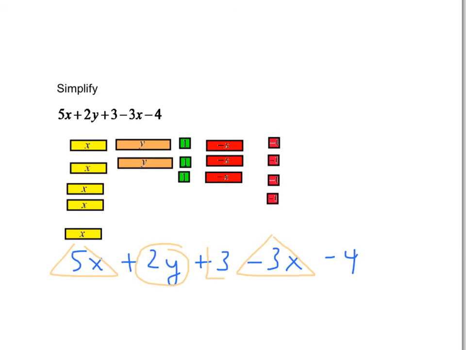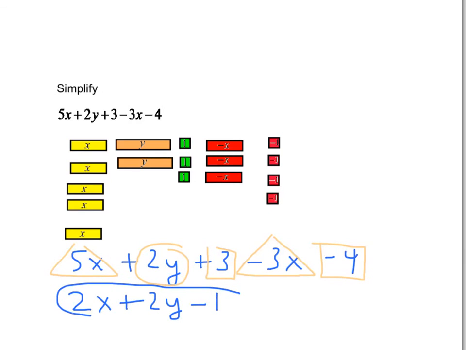And let me put rectangles around this. So you can see I've got 5x and negative 3x, so I've got 2 extra x's. If you look above, I won't mark it this time, but you can see that makes sense. 3 of the x's cancel out 3 of the negative x's. Then I have 2y that doesn't have anything to go with it, and then I have a positive 3 and a negative 4. I've got an extra negative 1 here, and so that's how that one simplifies.